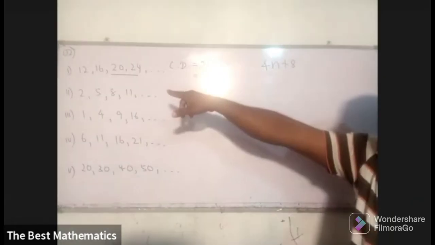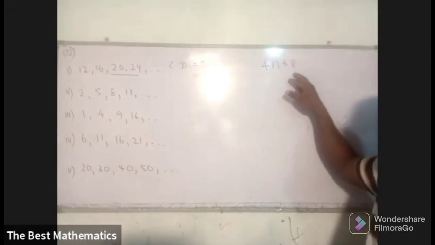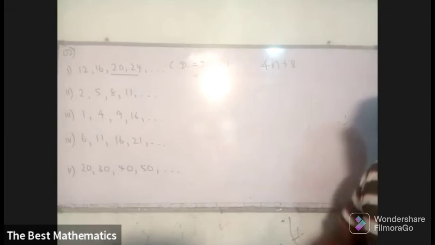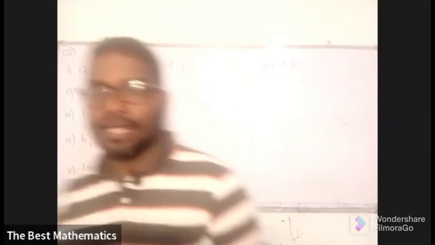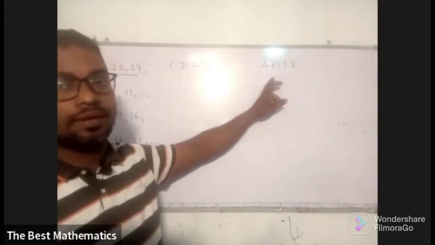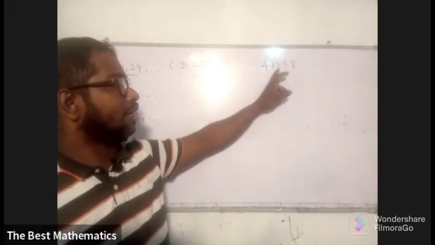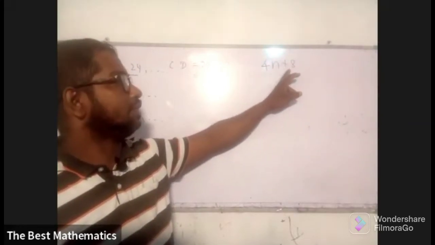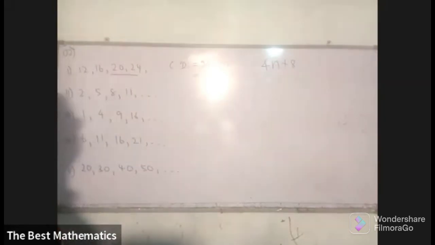The first term is 12, so you should add another 8 to build that up. Okay, then let's check whether this general term is correct or not. We need to find the first one. Apply n as 1. 4 times 1 is 4 plus 8 is 12. The first term is okay.